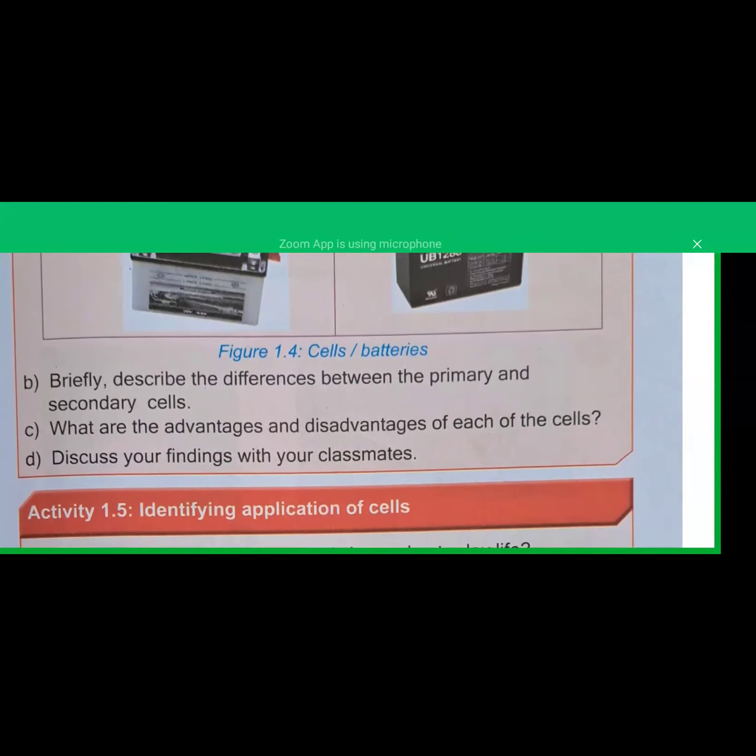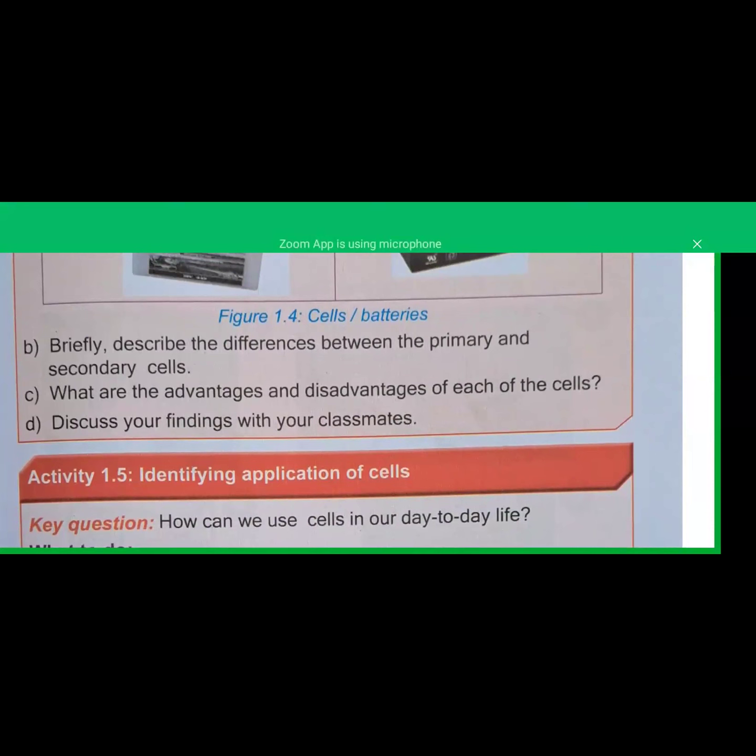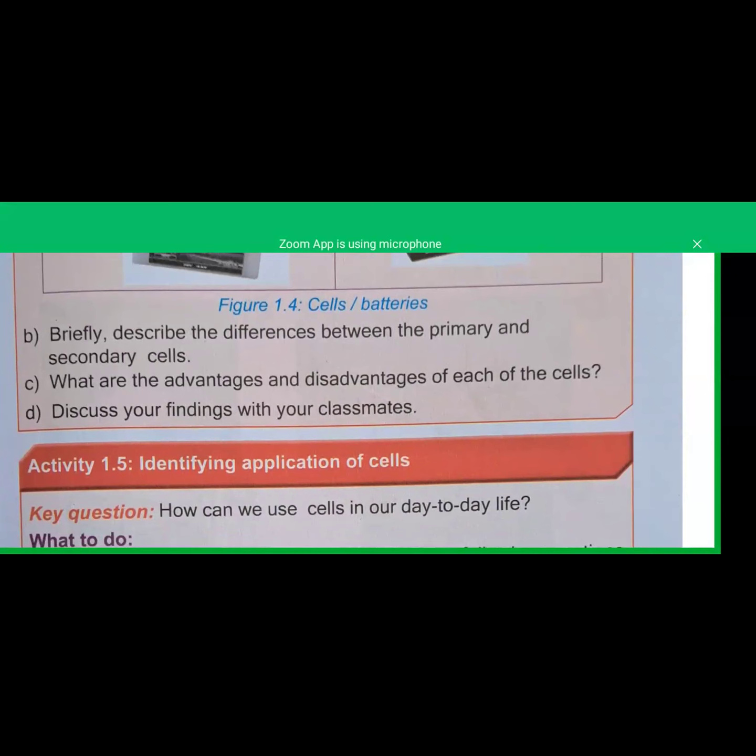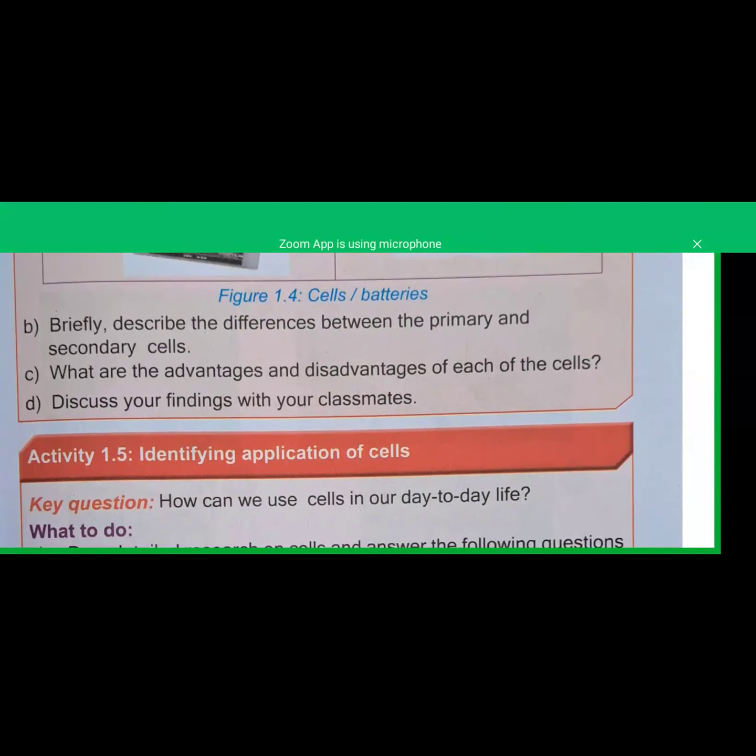So let us go through part B. Briefly describe the differences between the primary and secondary cells. Can we have someone to take us through this? Differences between the primary and secondary cells.